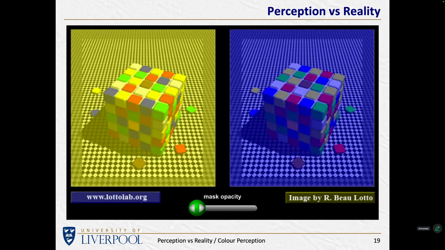So I'm not going to ask you to say anything, but I'm going to give you a few seconds to think about the answer to this question. If we have a look at this cube on the left-hand side, a sort of big Rubik's cube, I'm interested in the colour of the tiles on the top face. Perhaps you can see that there are 5 by 5, so there are 25 tiles there. I'm asking you, and I'll give you a few seconds, how many of those tiles are blue?